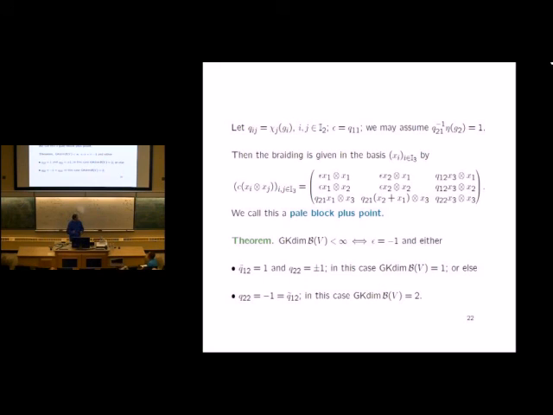Because in any other case, you will have either a block or a pale block and a point, and you will have something which has positive Gelfand-Kirillov dimension. This result I had in mind since 15 years ago. I never was able to prove it, so now I am very happy with this.